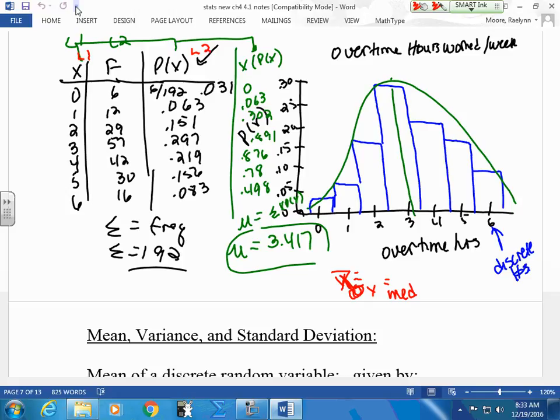My board is really long. I've got two different groups doing two different things here, right? You guys are doing L1, L2 like we always did with the frequency, because that's how we do these things. These guys are doing the L1 as the x, the L2 as the probability.